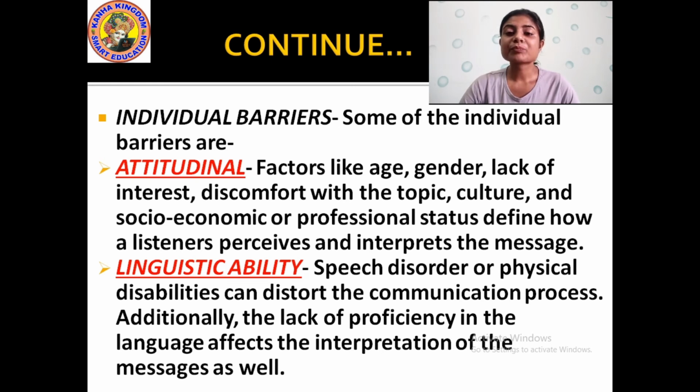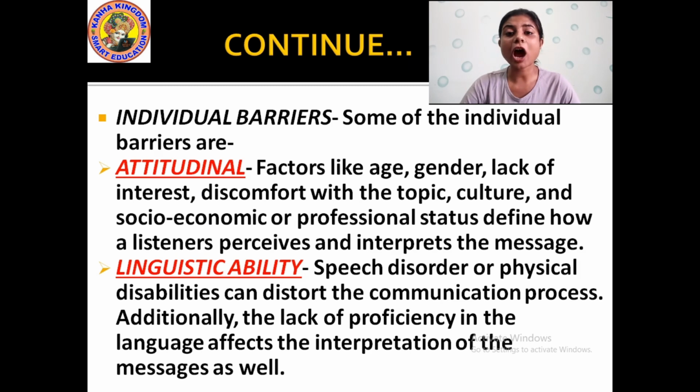It means age, gender, lack of interest, whether you are interested or not in receiving the message, discomfort with the topic, whether you are comfortable with the topic, then culture, and socio-economic or professional status.